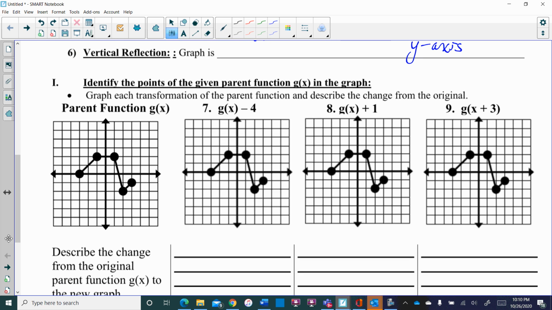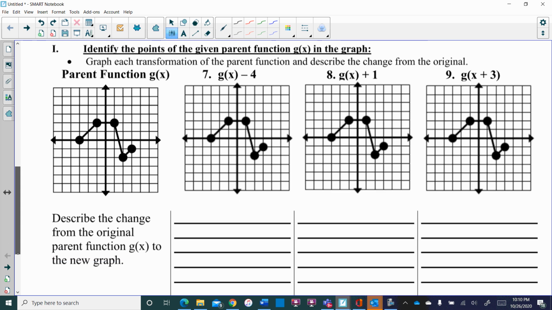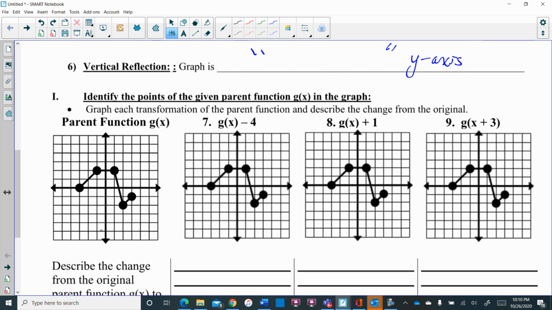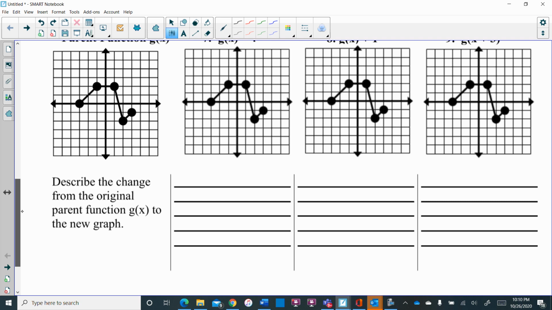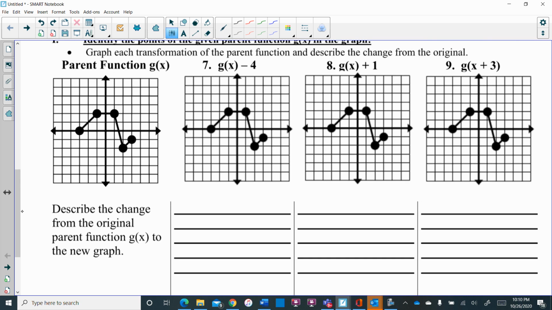All right, so let's get into the first section here. They want you to graph the transformation and then describe the change to the original parent function. The function here is given to you, that's the parent function.